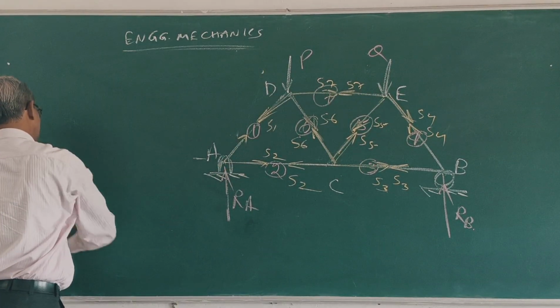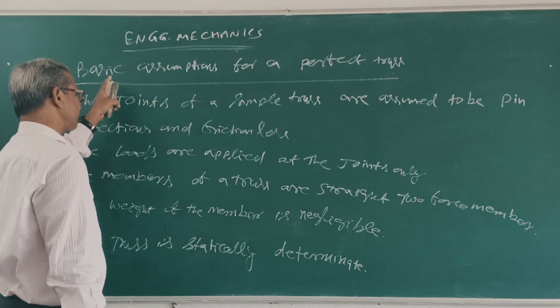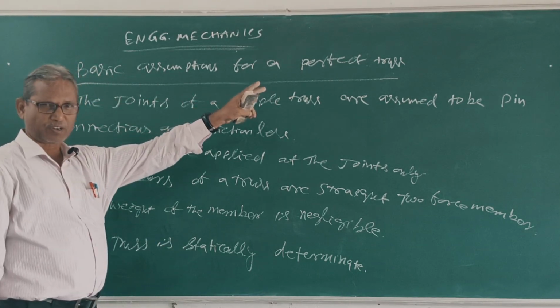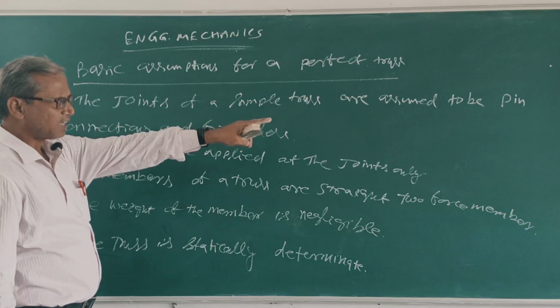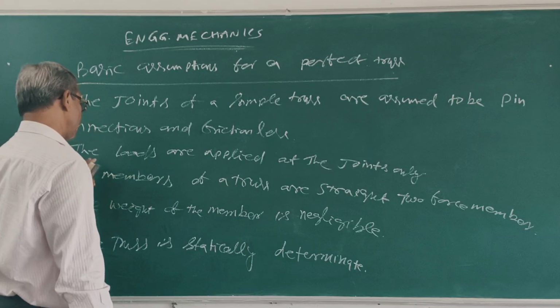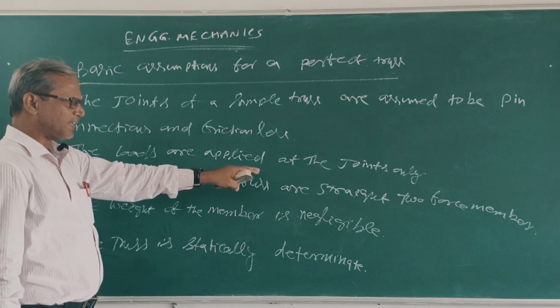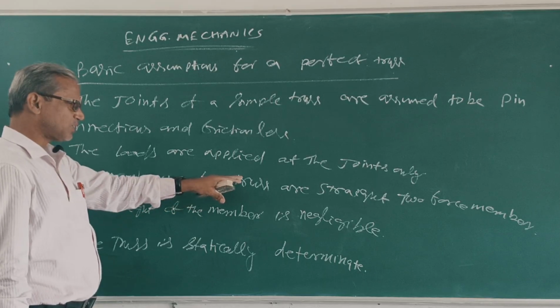Now, basic assumptions for a perfect truss. Number one, the joints of a simple truss are assumed to be pin connections and frictionless. Clear? Number two, the loads are applied at the joints only. Clear? Number three, the members of the truss are straight members.